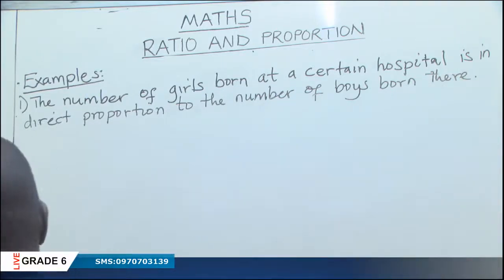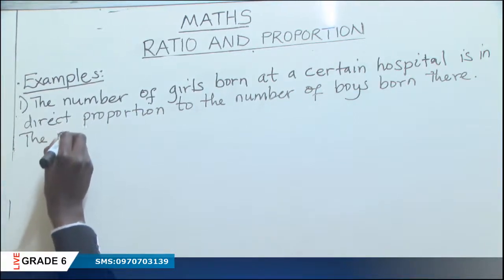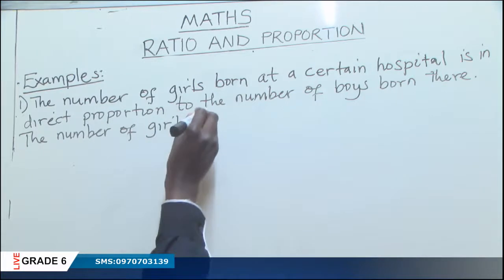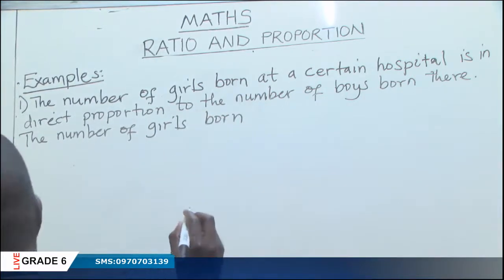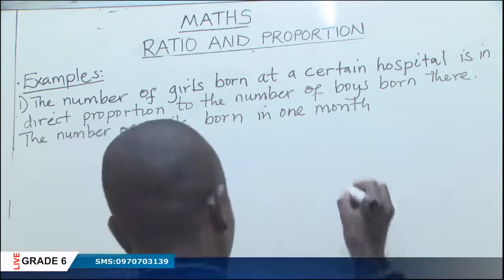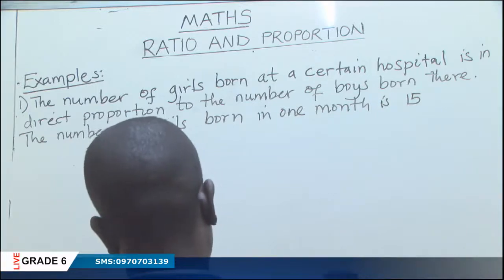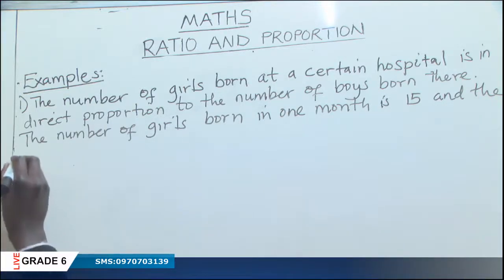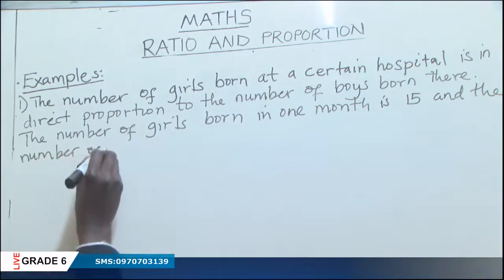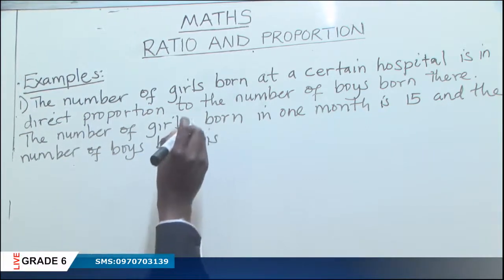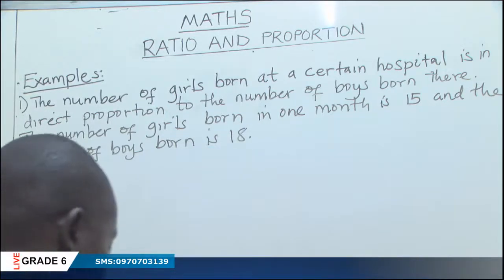The number of girls born in 1 month is 15, and the number of boys born is 18. Write the ratio.